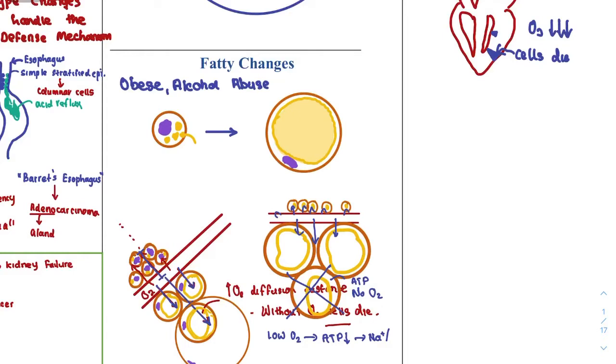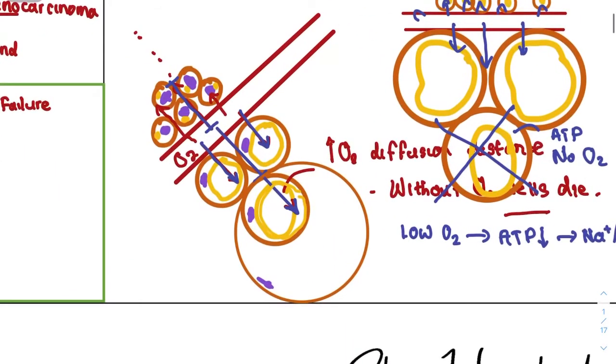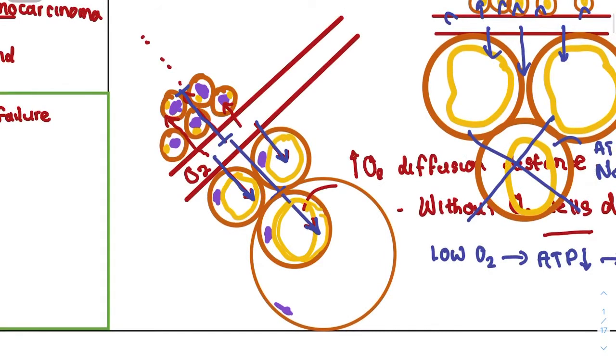Let's say there's obesity or alcohol abuse, the fat droplets accumulate and increase in size. The fat droplet will keep increasing in size the more fat is given to it. If you look at this diagram here, on the top you will see the normal, small fat cells, and on the bottom you will see enlarged fat cells.